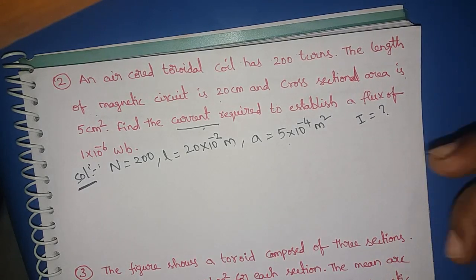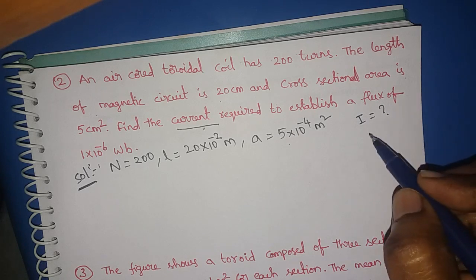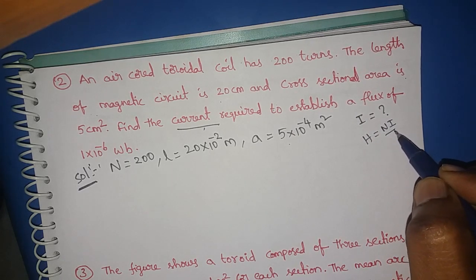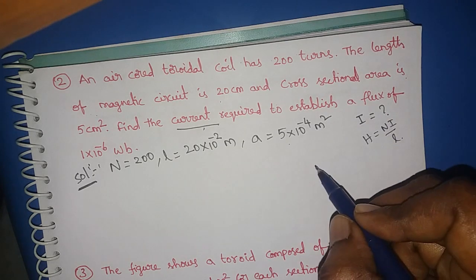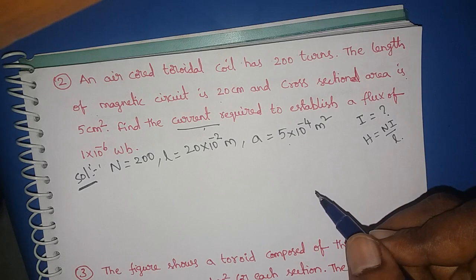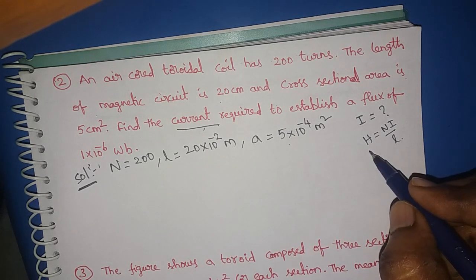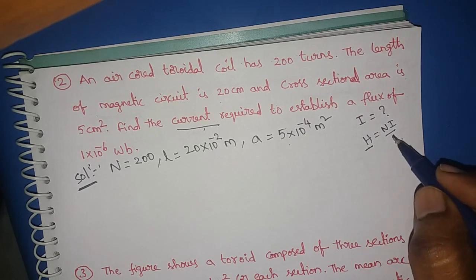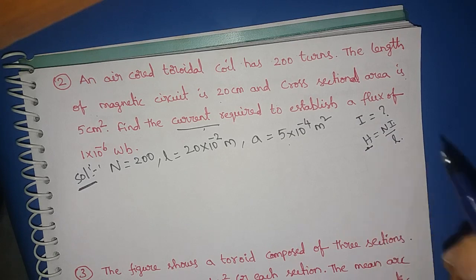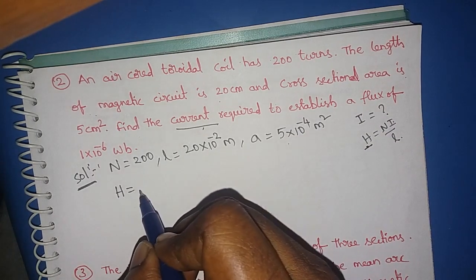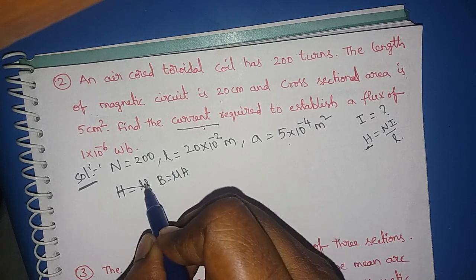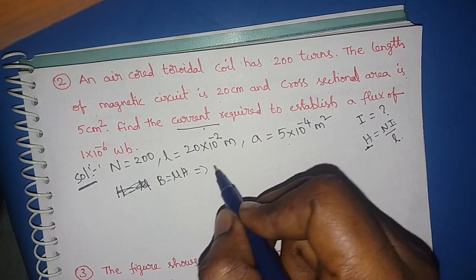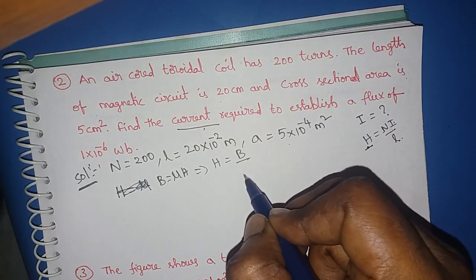Here you have various methods, but I find the current by using the magnetic field intensity, that is H is equal to Ni by L. First we must find the value of F. The formula for H is Ni by L. But we know that B is equal to mu H, that means H is equal to B by mu.